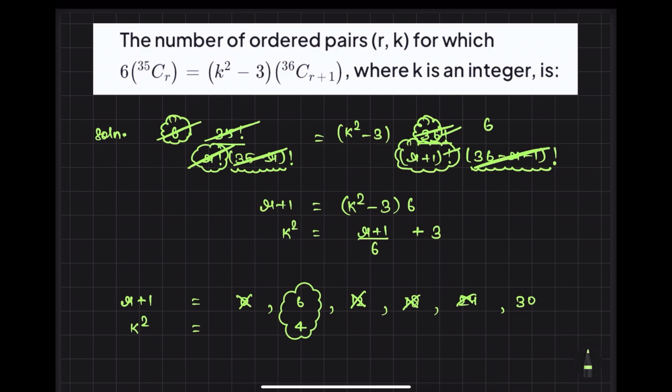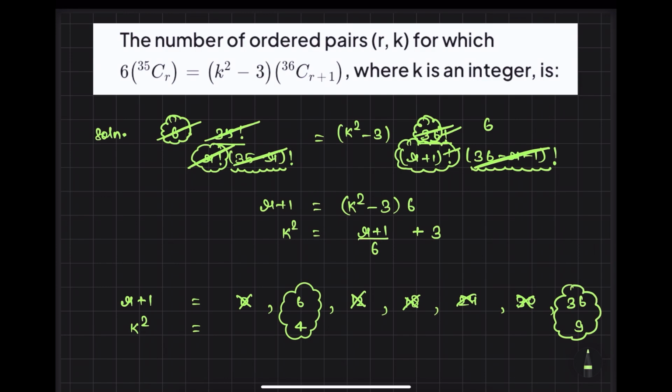Can I take r plus 1 as 36? R can go to 35, but r plus 1 can reach 36. So 36 by 6 is 6, 6 plus 3 is 9. Yes, 9 is a perfect square number, so this is also selected.